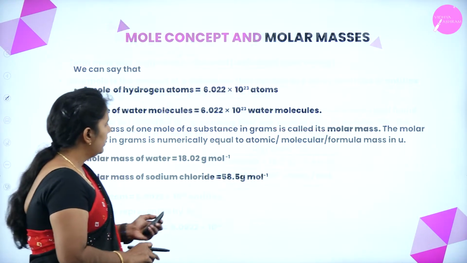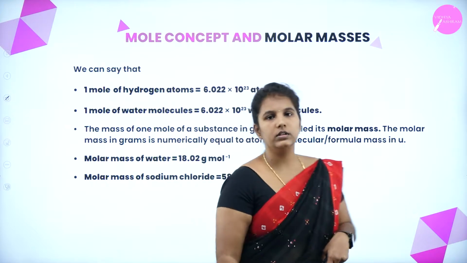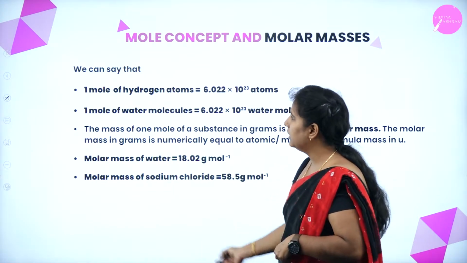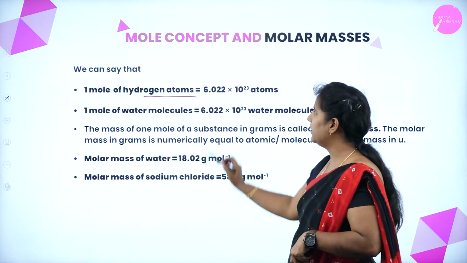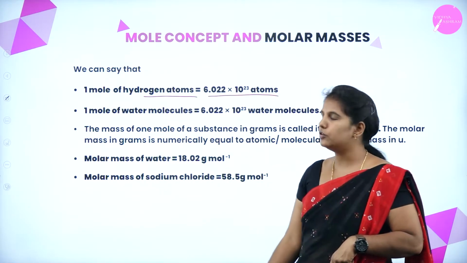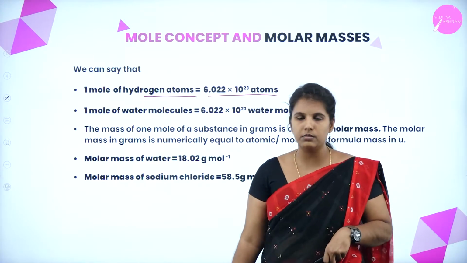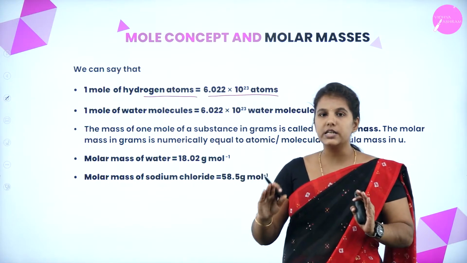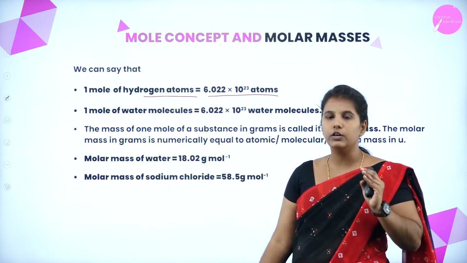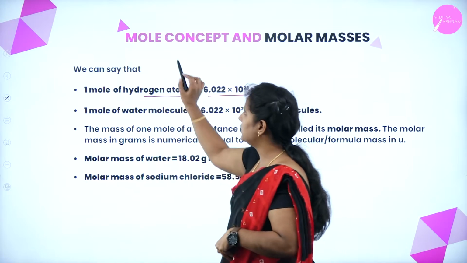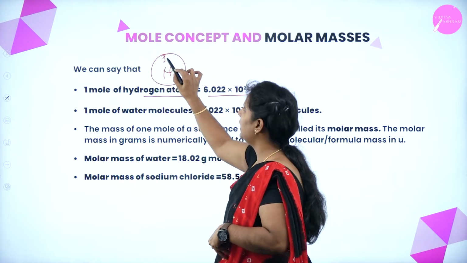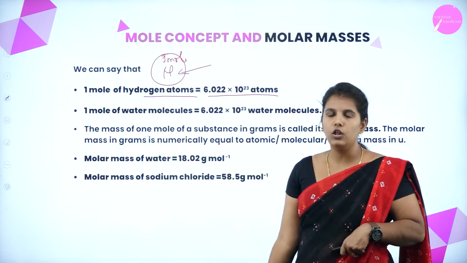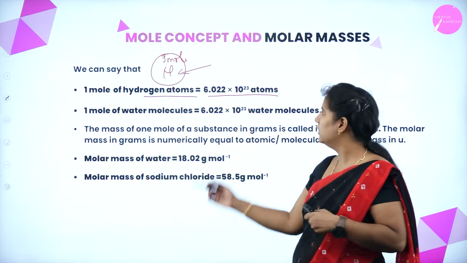The example I have shown you is how to calculate the number of atoms. So we can say that 1 mole of hydrogen atoms contains 6.022 × 10^23 atoms. Imagine you have 1 mole of hydrogen; it contains how many atoms? 6.022 × 10^23 atoms per mole.